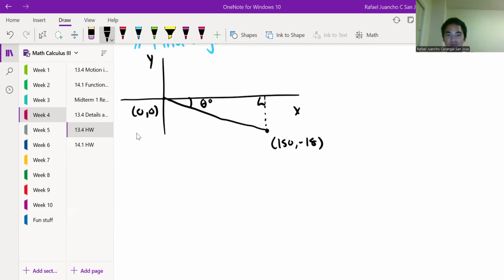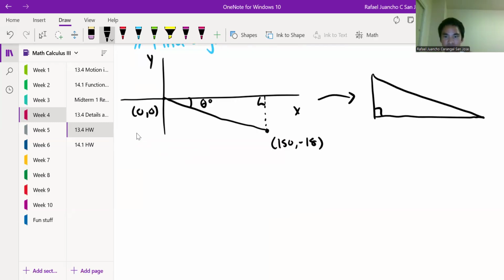So one relationship we can say is, let me look at it in a different way. I have my theta here. This is 150. This is 18.